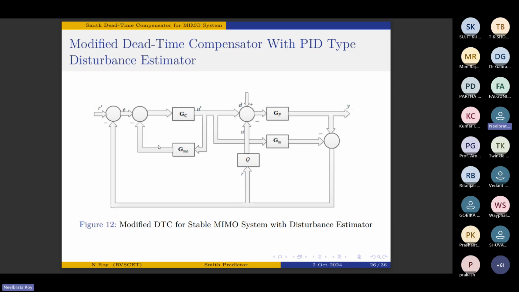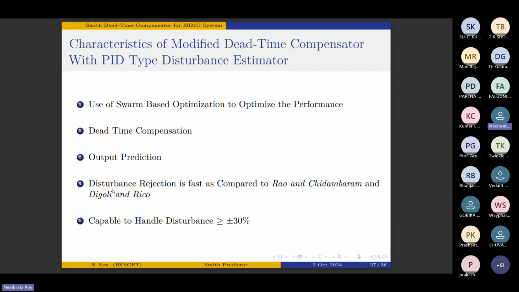So these two properties are satisfied here. Thirdly, the disturbance rejection is very high compared to Rao and Chidambaram and Digoli and Rico. And fifth, it can handle uncertainty of greater than 30%.